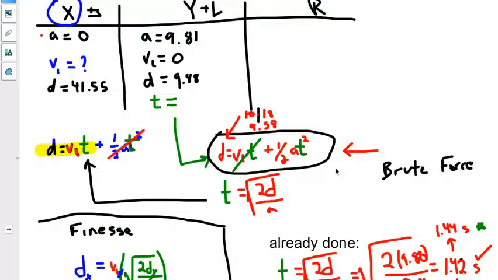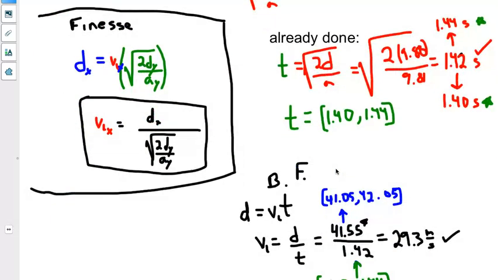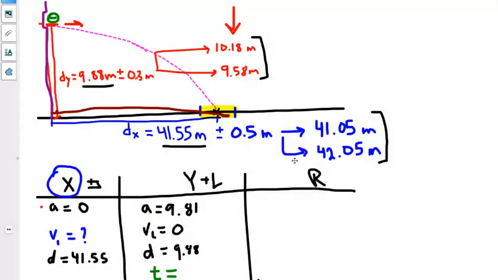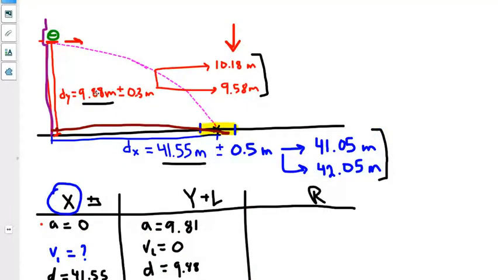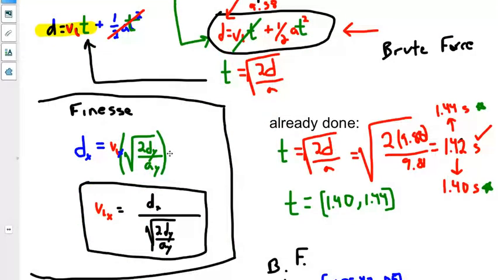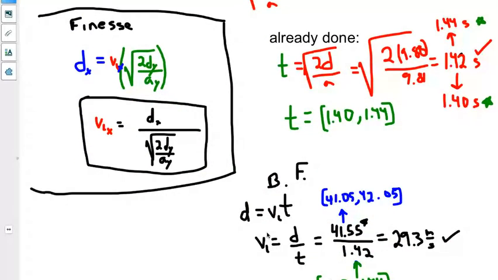Okay? So think about this. From the uncertainty in dy, we ended up with an uncertainty in time. Now when we try to get the vi, we have an uncertainty in dx and an uncertainty in time.